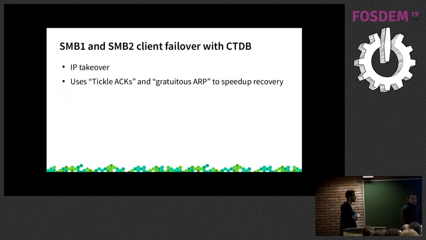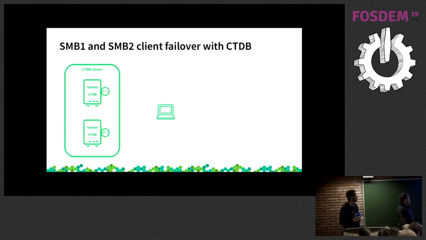In a Samba cluster, I think the failover works better, because Samba implements additional measures to speed up the recovery, as David said before: the IP takeover, the gratuitous ARP, and TCP ACK keys. So in a CTDB cluster, all nodes are active at the same time, and the IP addresses are distributed between the nodes.